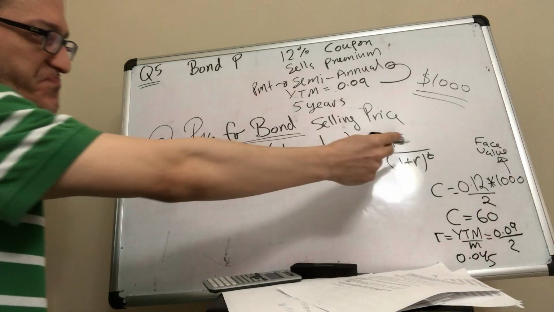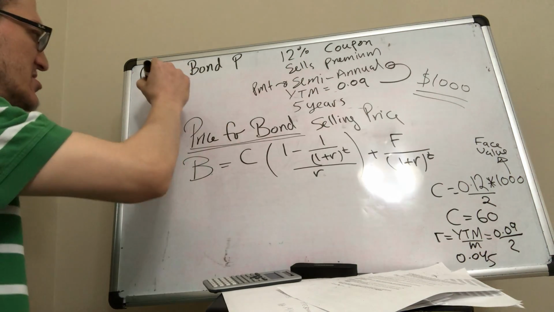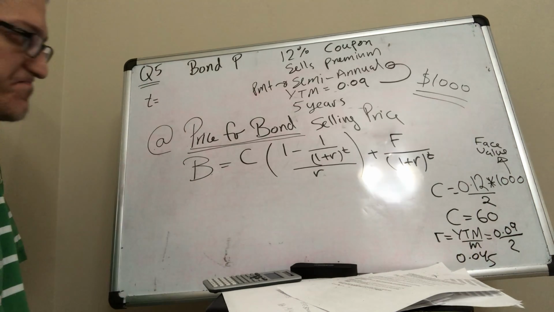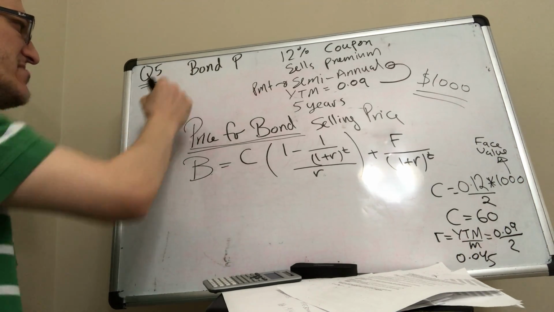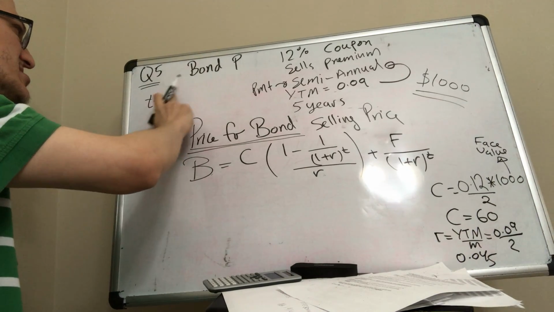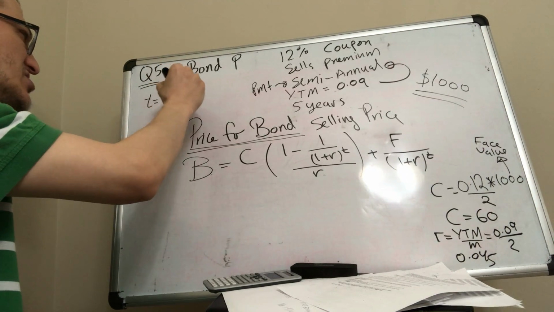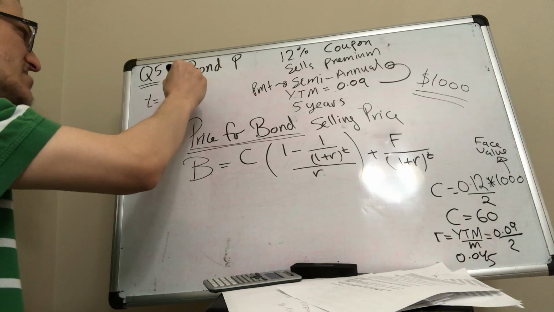Last thing to calculate here is T. We know frequency of payment is 2. If you want it in terms of formula, it's the frequency of payment times time.